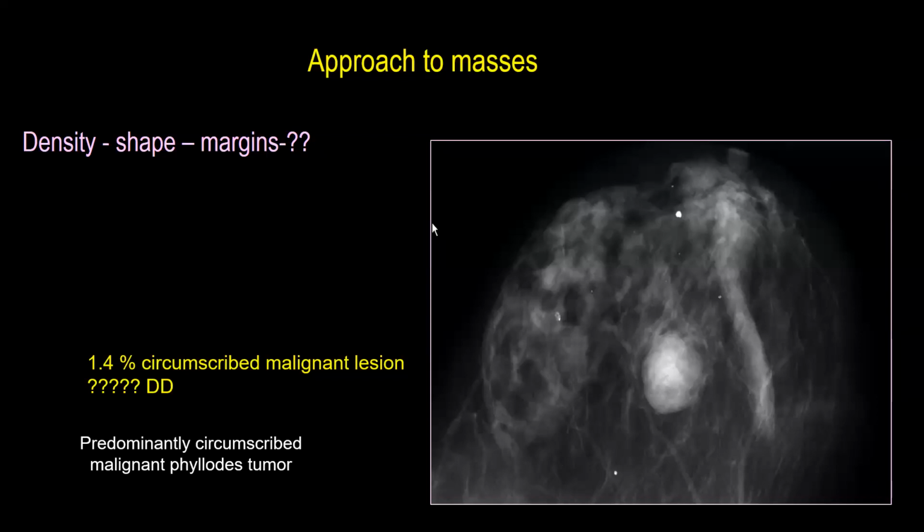They simulate the benign masses on mammogram. Mucinous carcinoma. Medullary carcinoma. Malignant phylloid, like this example.